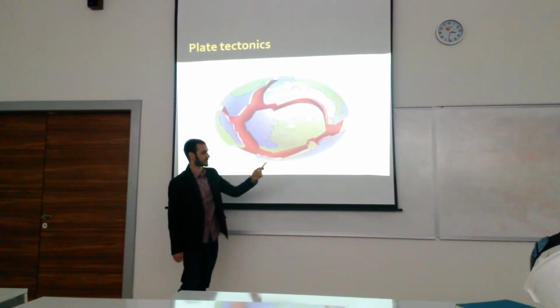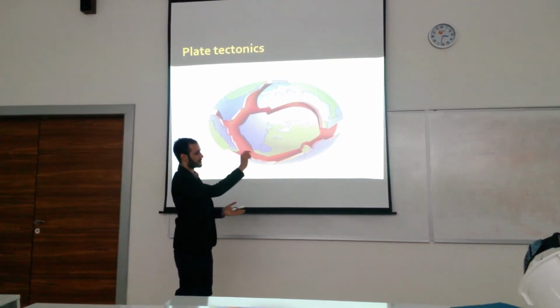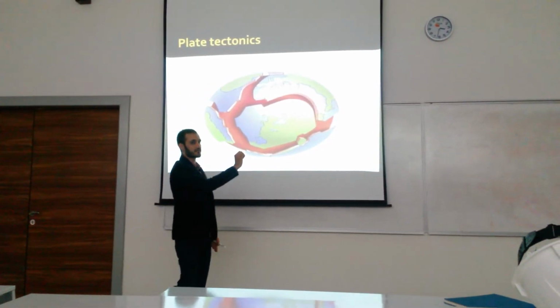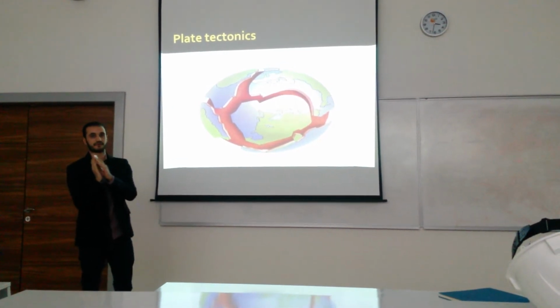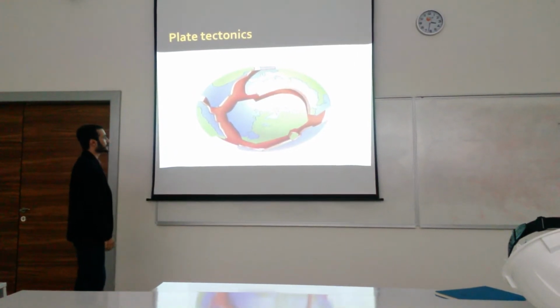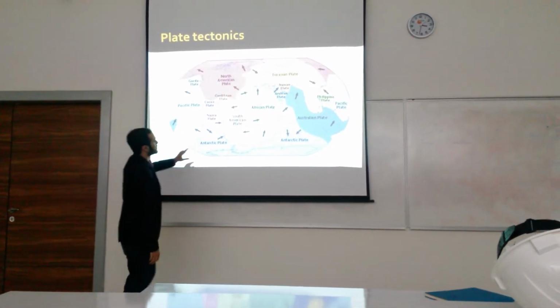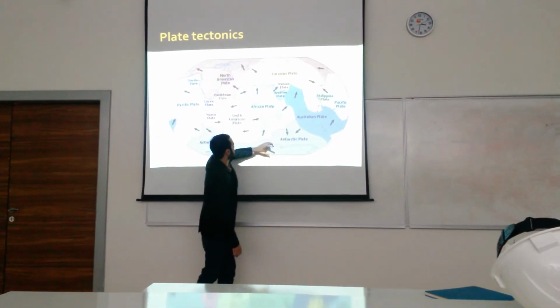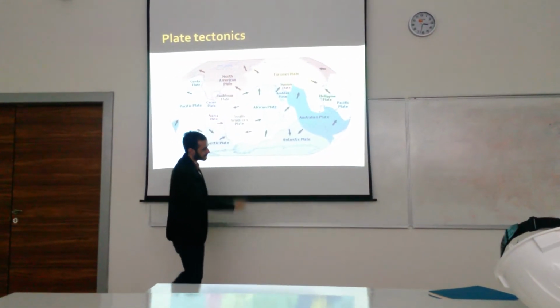Then the energy comes to the maximum reaction point of this graph, and after this point earthquakes happen. I also mentioned that the African plate will come here, and South America will separate from each other.